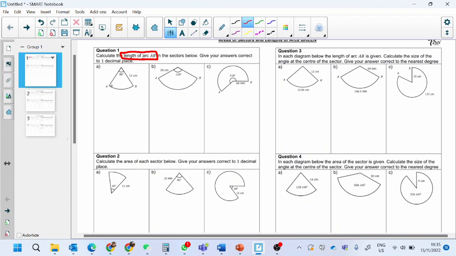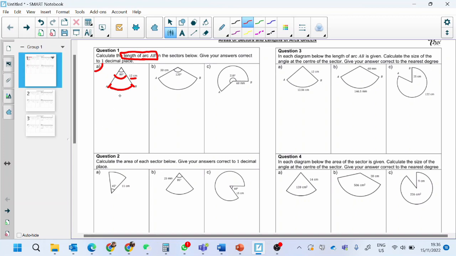So in the first question A, the length of the arc is from this A to this B, so we have to calculate only this length. We have been given the radius R is 12 and the angle is 80 degrees.